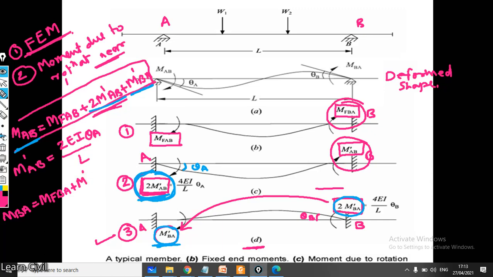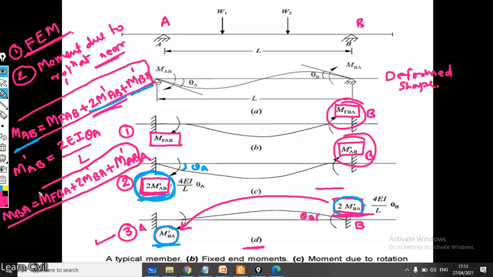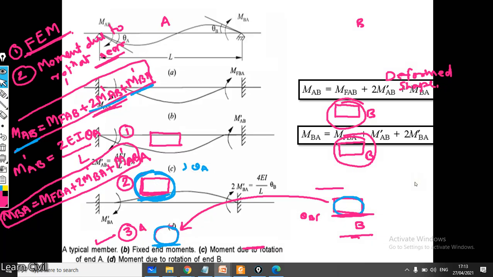We'll consider this value first, that is twice M dash BA, plus this particular value of M dash AB. So this will be the equation for calculating the final end moment at joint B.